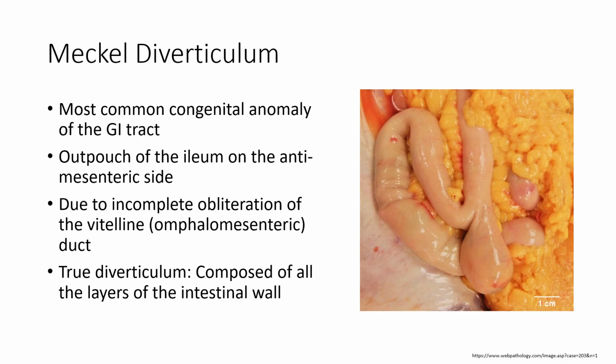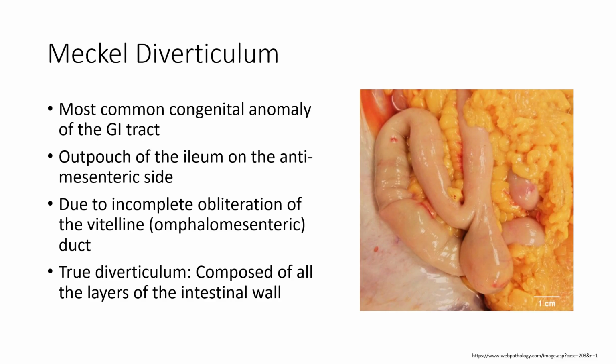It occurs as a result of incomplete obliteration of the vitelline duct or omphalomesenteric duct. The vitelline or omphalomesenteric duct connects the lumen of the developing gut to the yolk sac, and incomplete obliteration of it results in Meckel diverticulum.